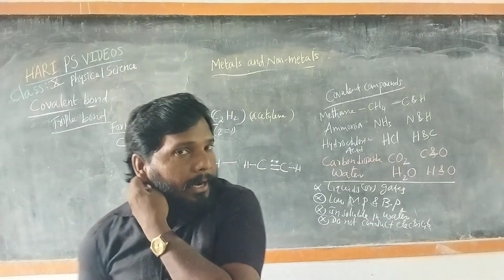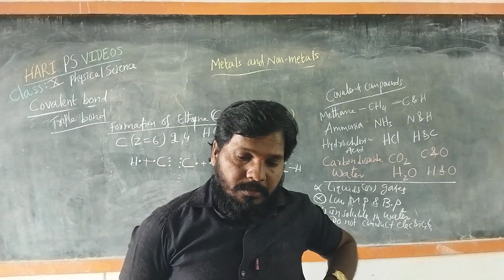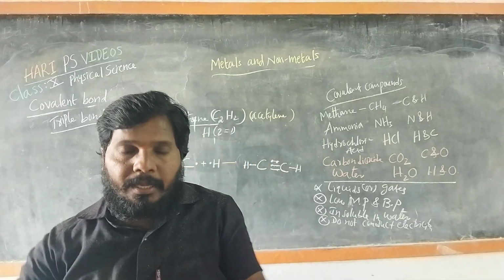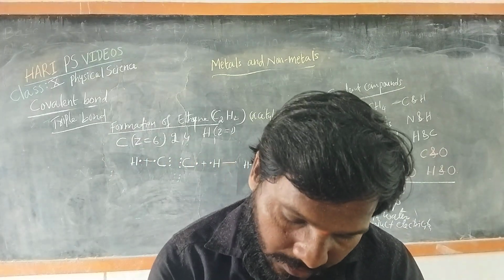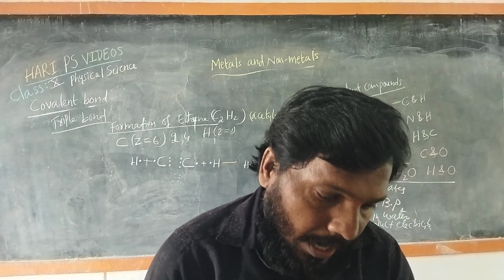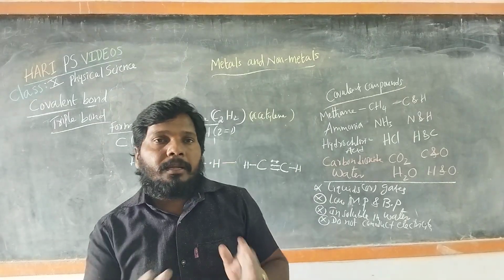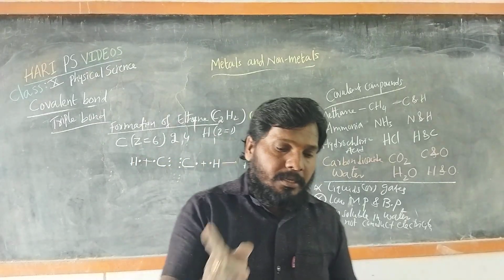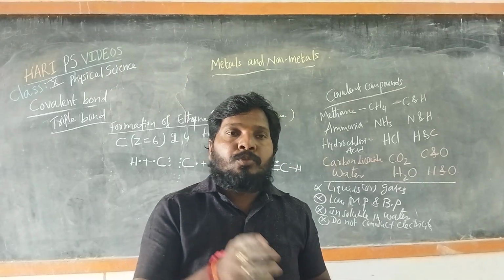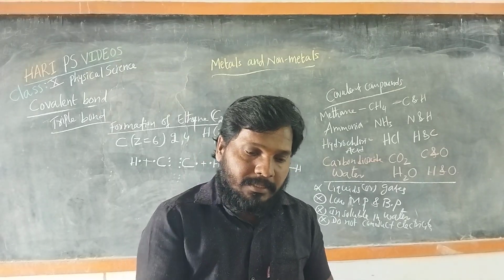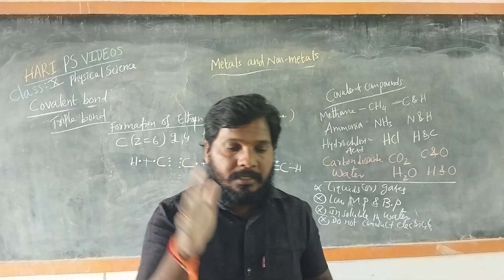Now distinguish between ionic compounds and covalent compounds. Ionic compounds are crystalline solids. Covalent compounds are usually liquids or gases, only some are solids.